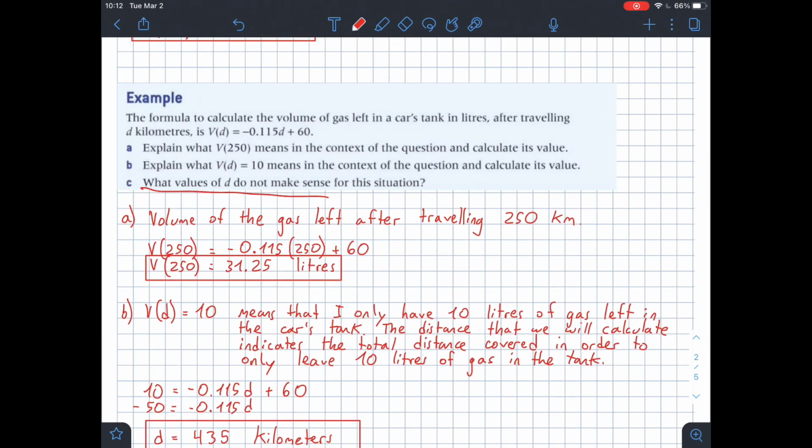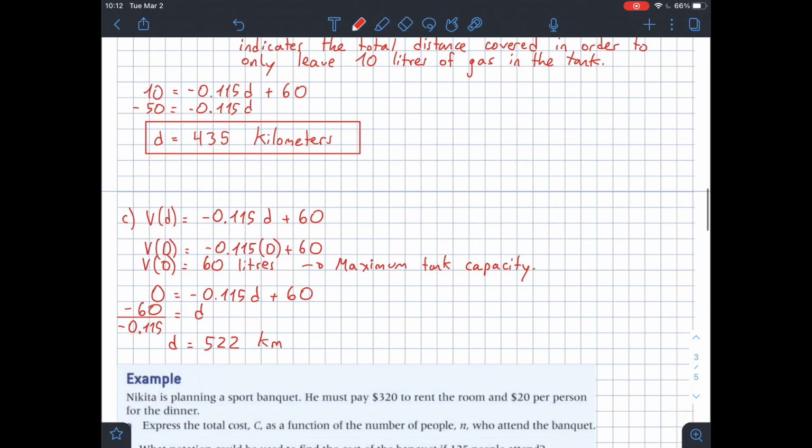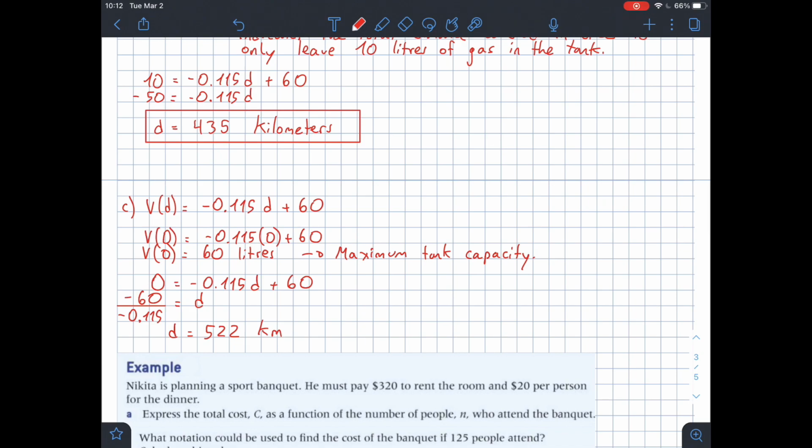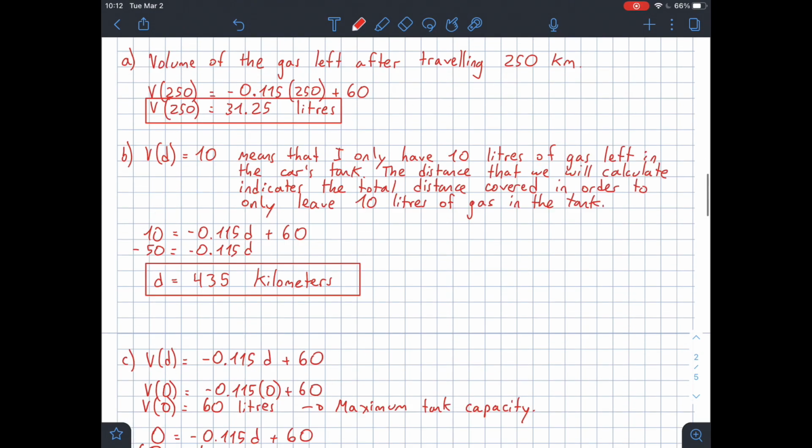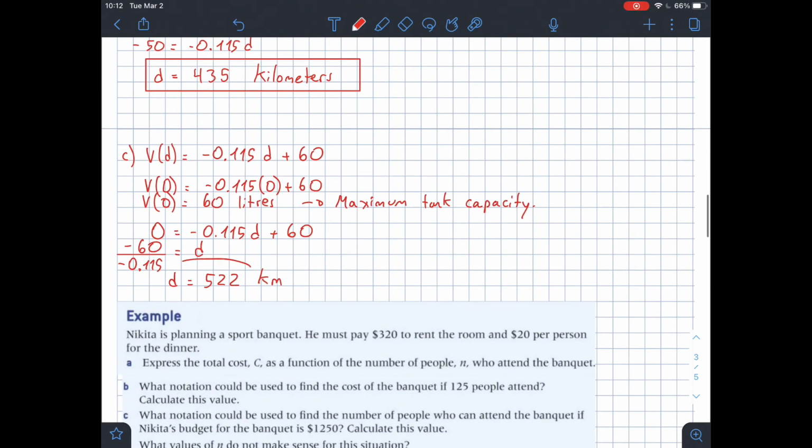That means that the maximum distance I could cover is 522 kilometers, which means, if we go back to the question, what values of D do not make sense for this situation, we would say that the values of D that do not make sense for this situation would be any distance greater than 522.